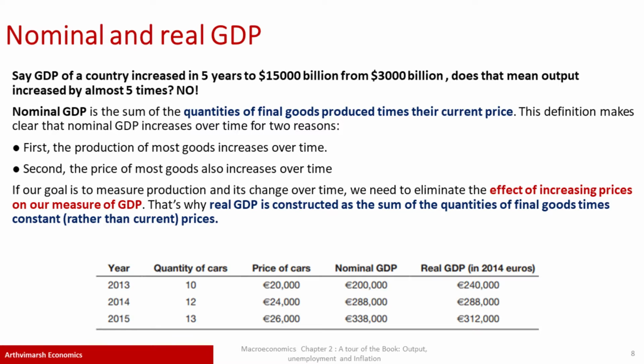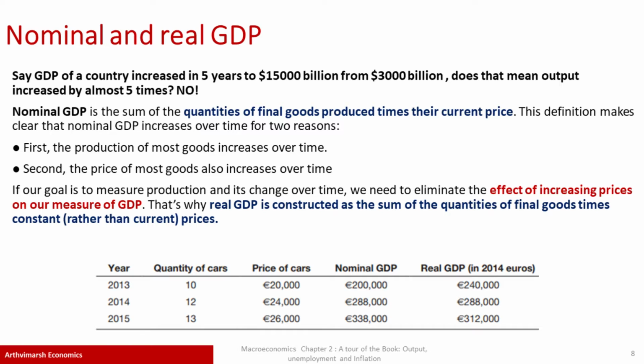So the real GDP goes up from 240,000 euros in 2013 to 288,000 euros in 2014, a 20% increase, and from 288,000 in 2014 to 312,000 in 2015, an 8% increase only.